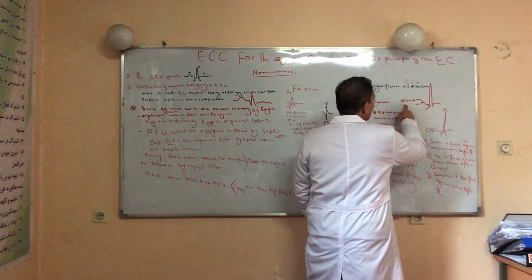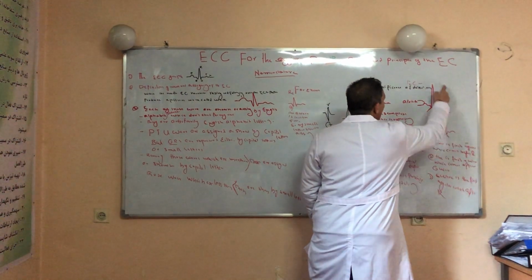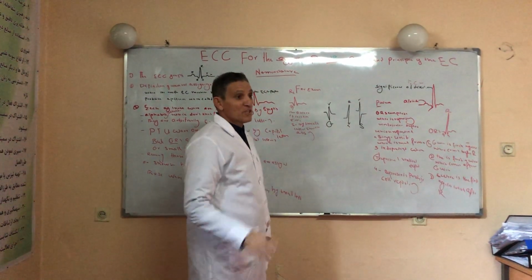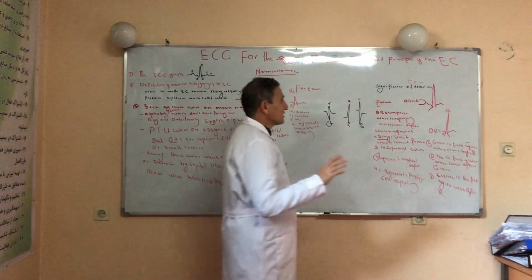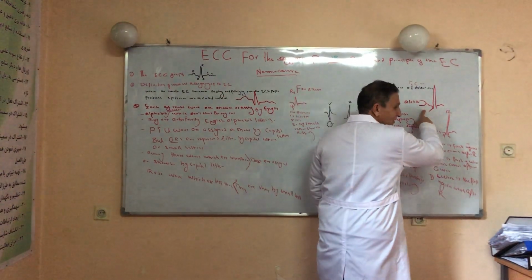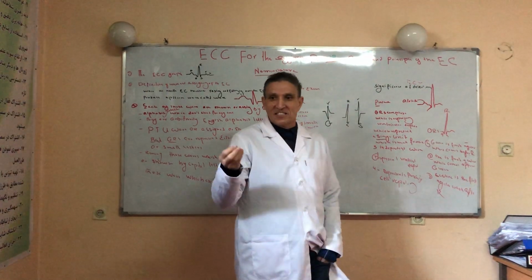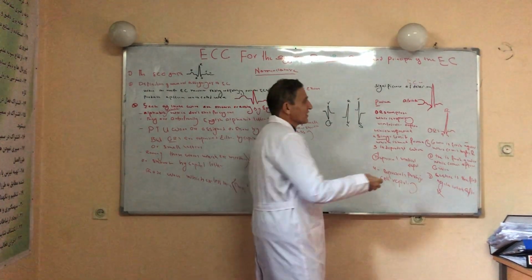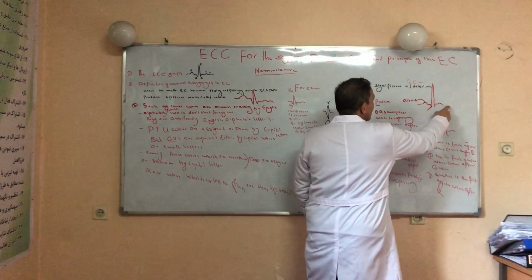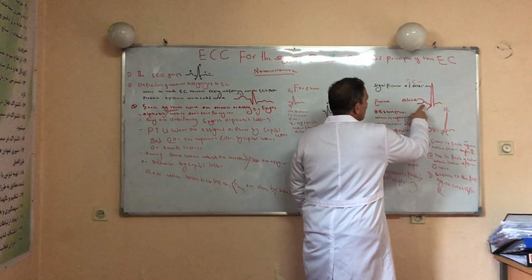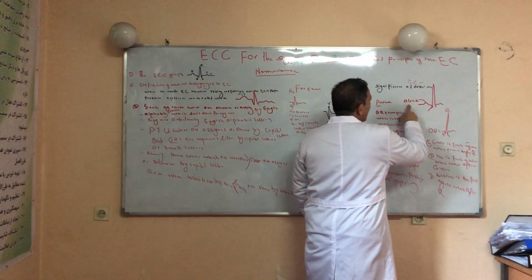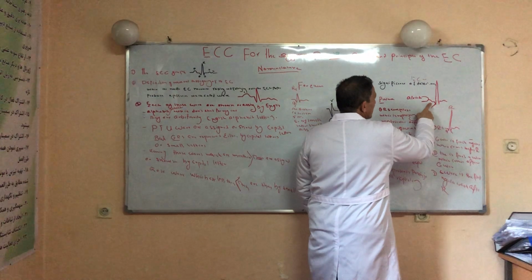And after the atrial wave, what is the QRS complex representing? Ventricular depolarization. In fact it is three separate waves, but all of them are described as a single unit. So this QRS complex is a single unit. The first wave is atrial depolarization, and after that we see the Q wave.